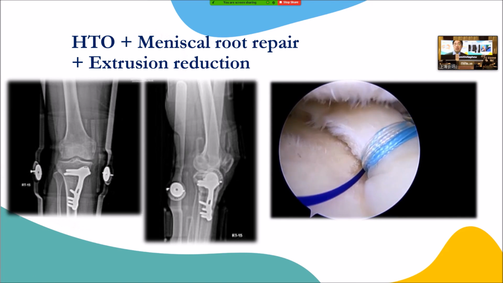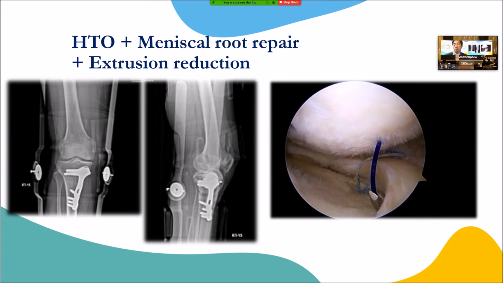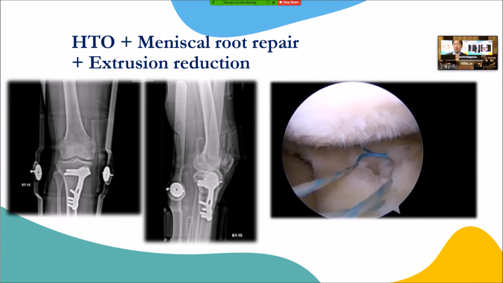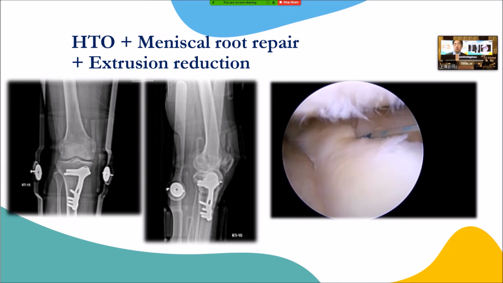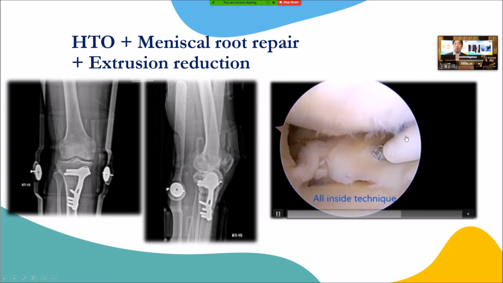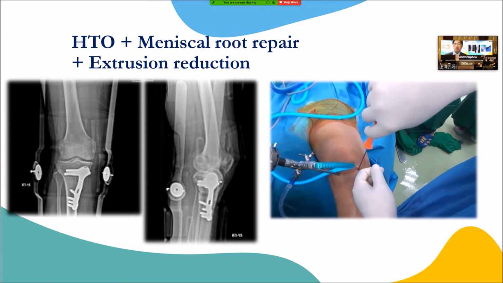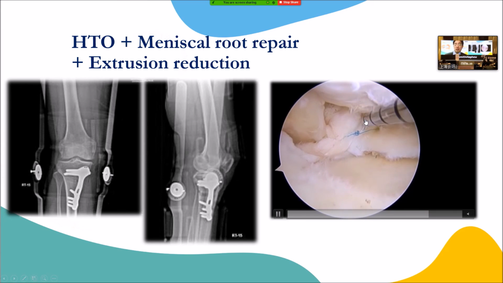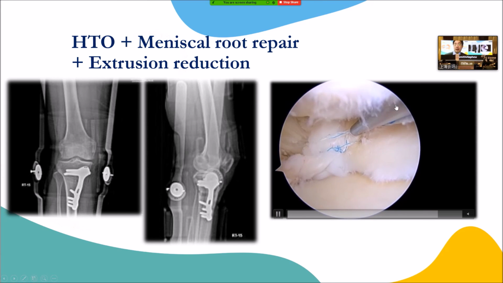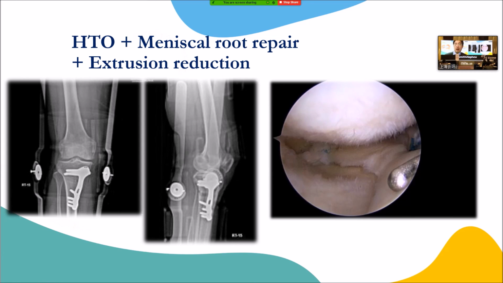Because we do a high tibial osteotomy, it's easier to use a suture anchor because you have no tunnel, right? Then we reduce the meniscus like that, and combine with the high tibial osteotomy. After the reduction you can see that the gap will be smaller, and then you can repair the meniscus back to the PCL, and we do the high tibial osteotomy also.